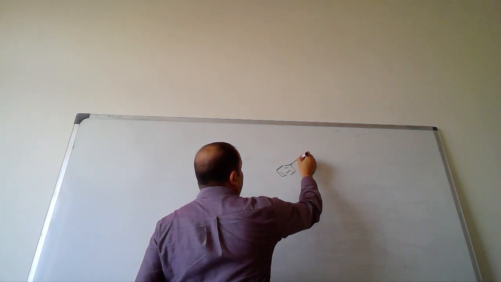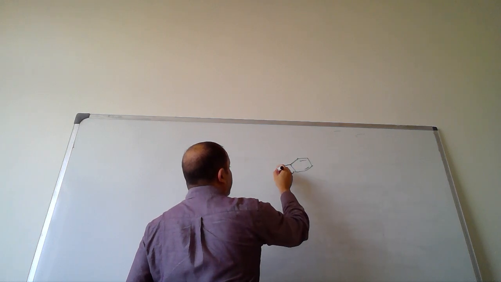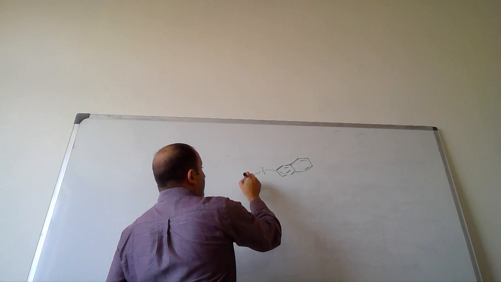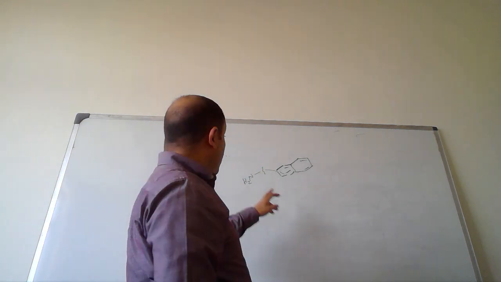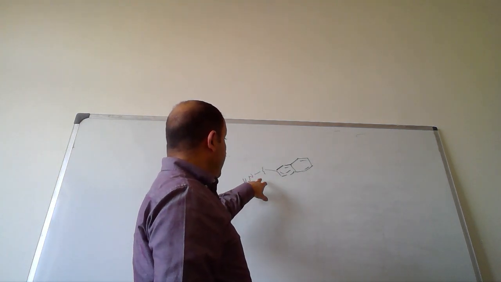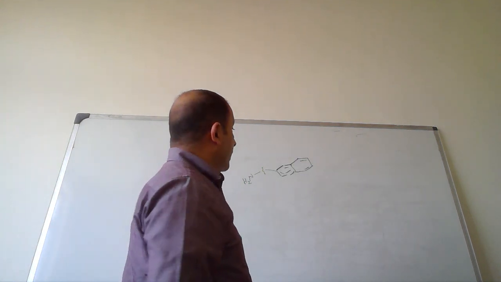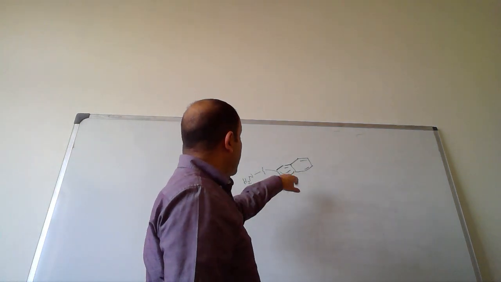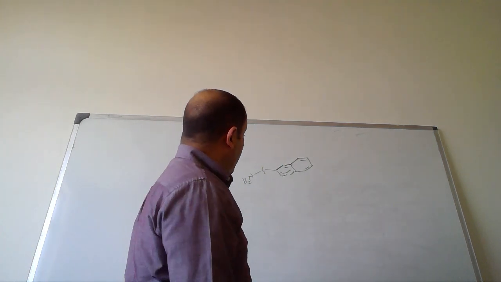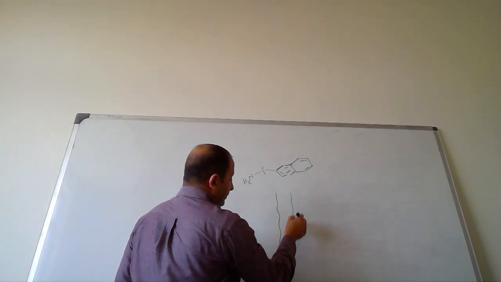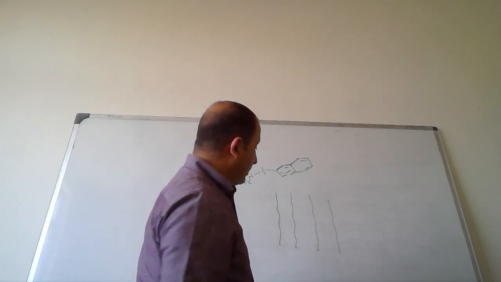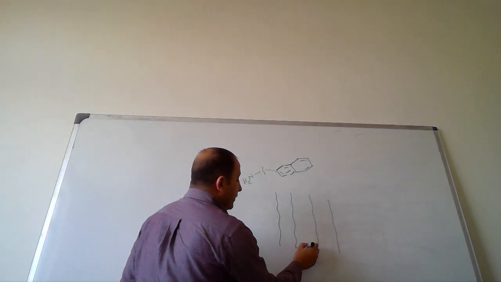For example, like a naphthalene derivative with an amino group. Now, if you have a spacer here, the amine will be basic. Okay, it is not directly attached to the benzoid structure of the analyte. Now, if we have hydrocarbons in a C18 column or ODS column, as we said, and we have free silanols.